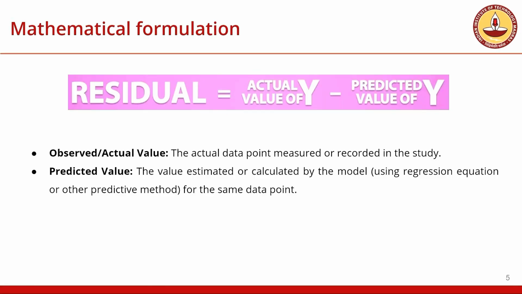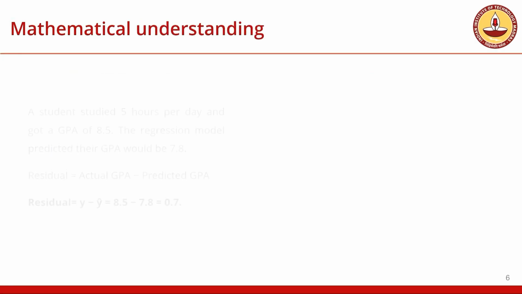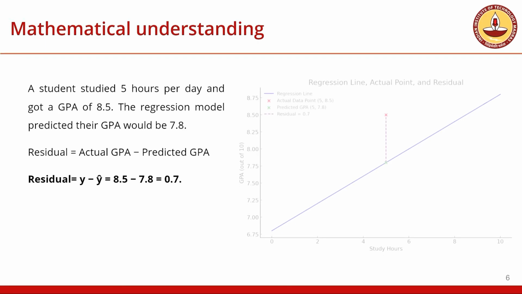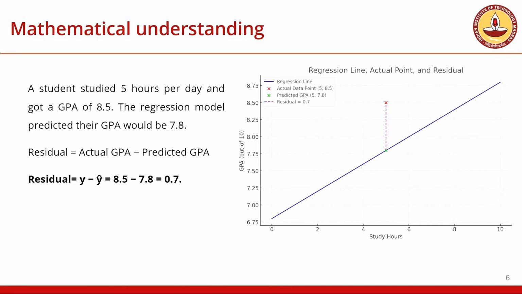And what is the predicted value? Predicted value is the value that is estimated or calculated by the regression model or any other such predictive methods for the same data point. This can be made very simple with the help of an example, that is a mathematical understanding. Imagine a student studied 5 hours per day.